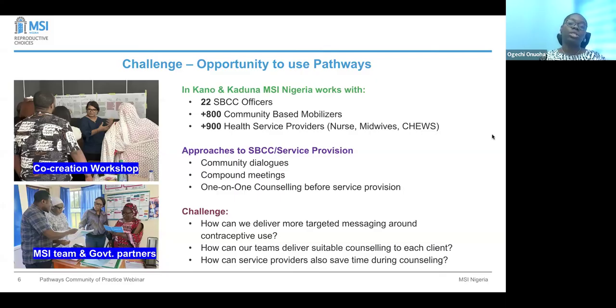And I'm excited to share that we were able to come up with two tools, one serving the service provider and one serving the community-based mobilizer in mobilization. And I'm going to pass on right now to my colleague, Chibike Utaka, to walk us through the tools and how we deploy them. Over to you, Chibike.